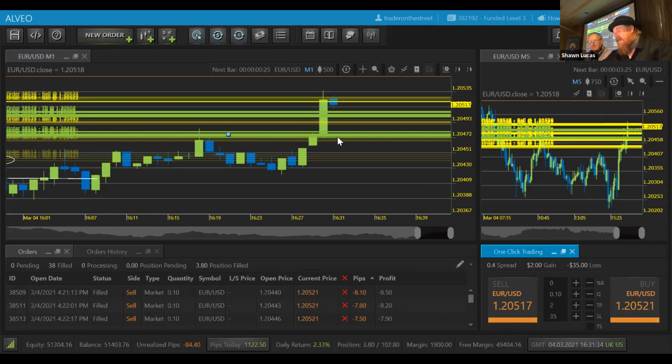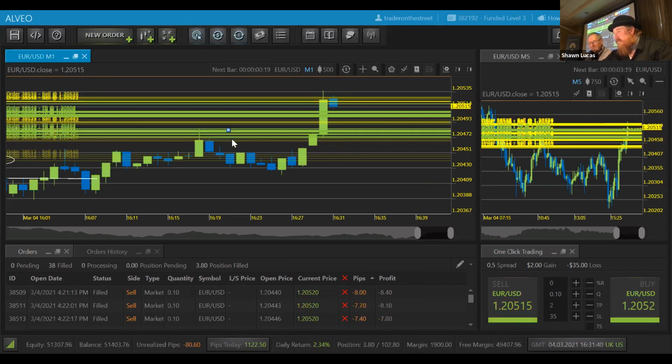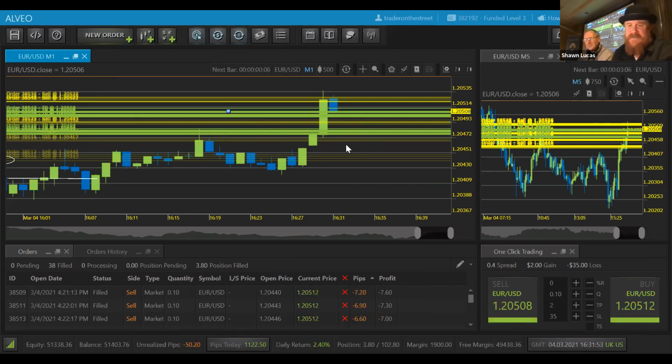Okay, we're gonna try and get a little quick pullback. Come on, grab those targets, grab those targets.